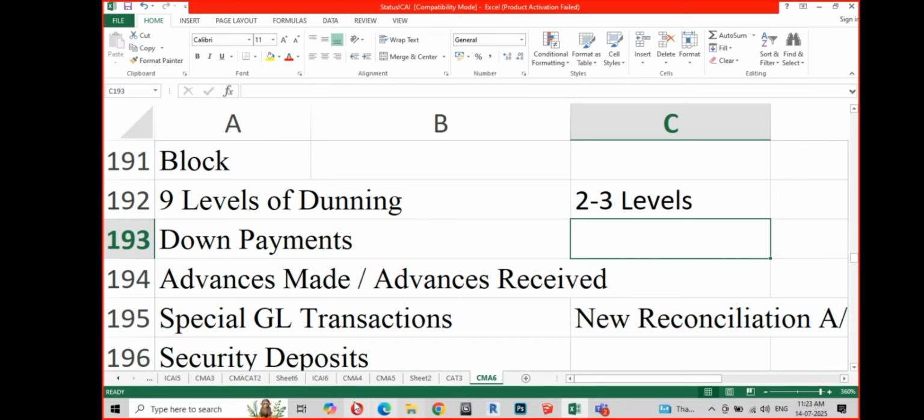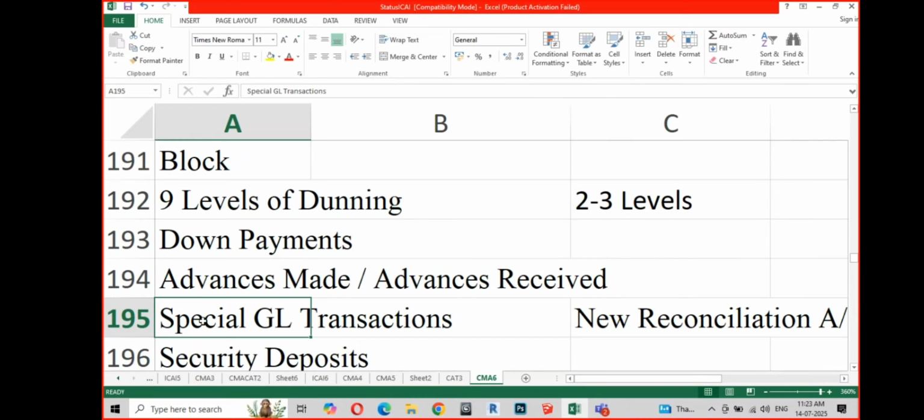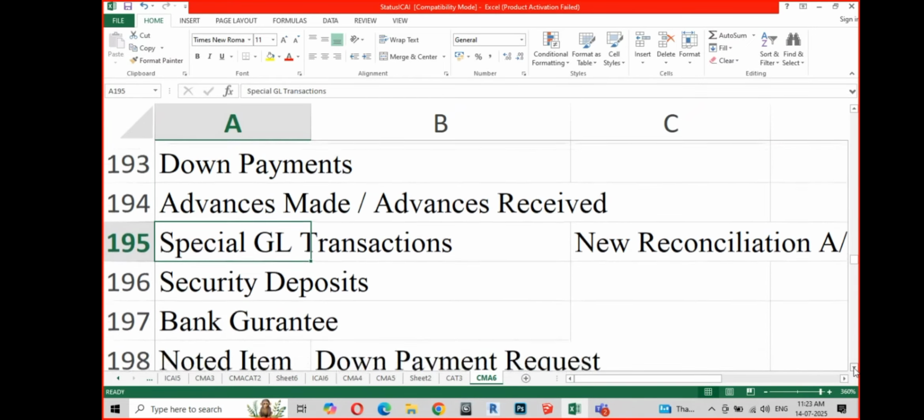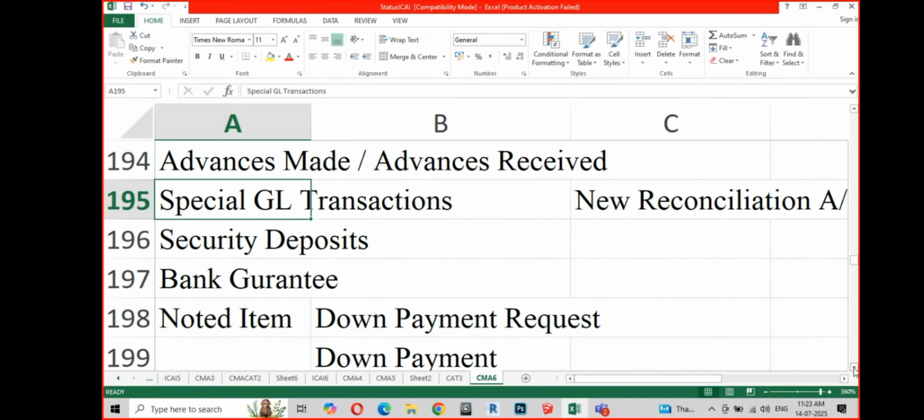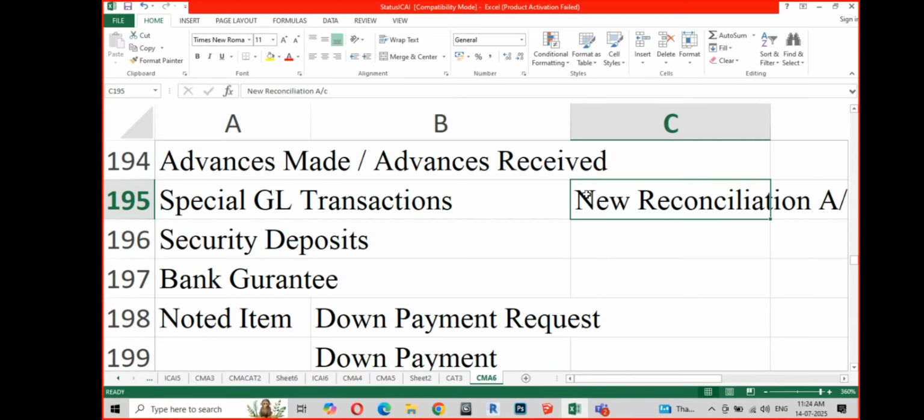Now, how does SAP understand the difference between a normal transaction and a special general ledger transaction? For the SAP system to understand, the consultant needs to create a new reconciliation account for the special general ledger transactions. There could be any number.